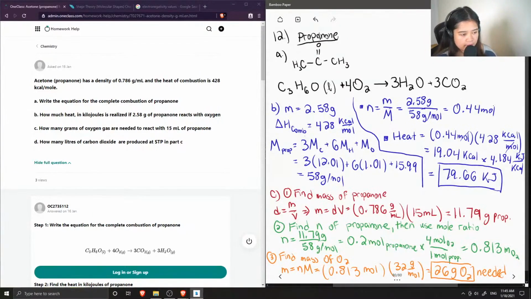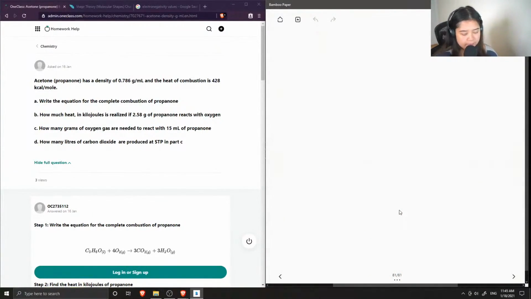Okay, so let's start a new page and answer part D, which is how many liters of carbon dioxide are produced at standard temperature and pressure in part C. When we have standard temperature and pressure, that means the temperature and the pressure are constant.